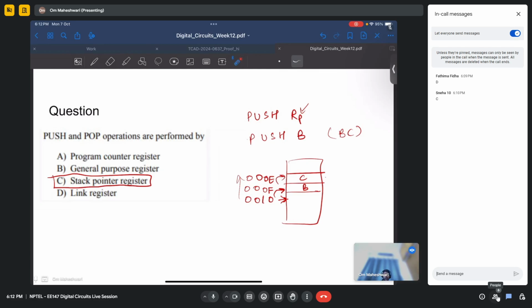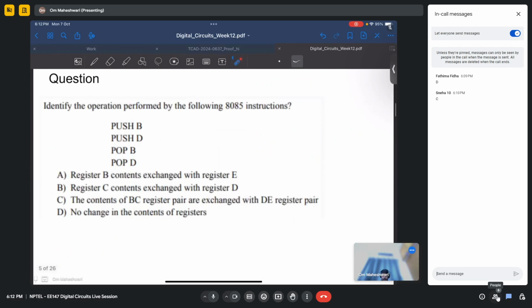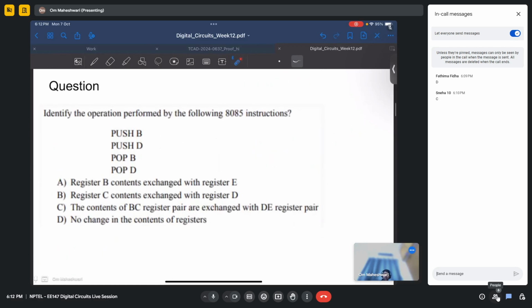All right, let us see the next question then. Identify the operation performed by the following 8085 instructions. Push B, push D, pop B, pop D. Try to solve this. Take a minute.